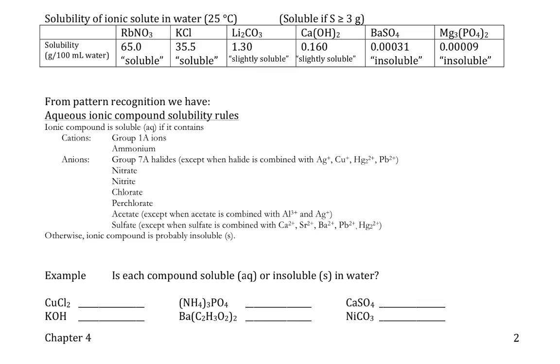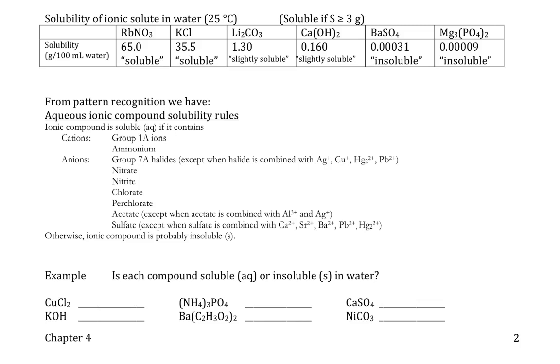So if not one of those cations or one of those anions, except of course with all their exceptions, we think it's probably insoluble. It would probably not dissolve in water, at least not to a significant extent.